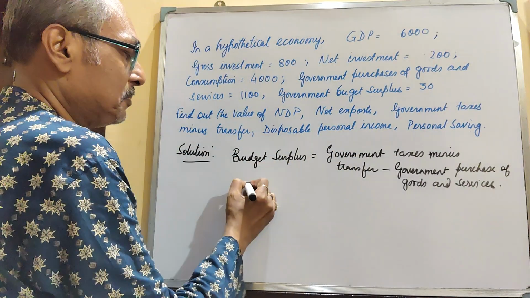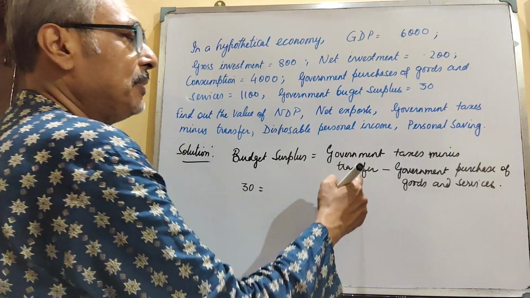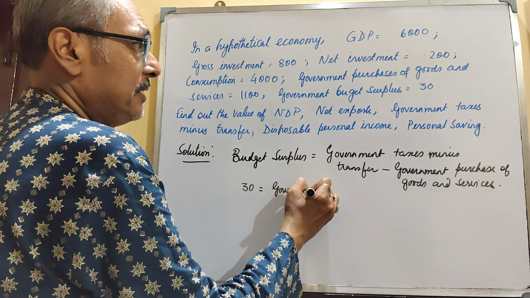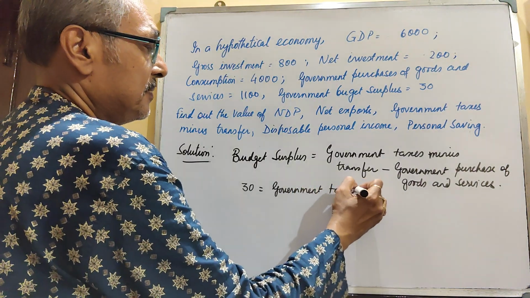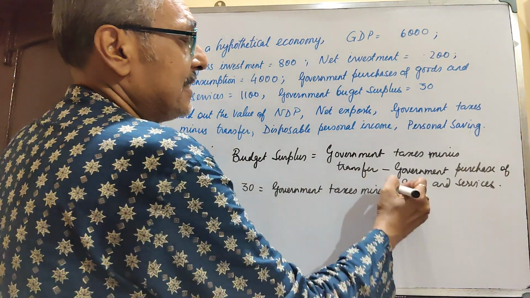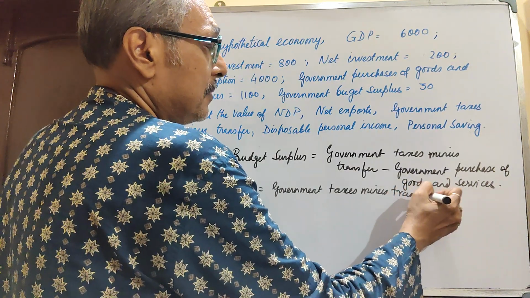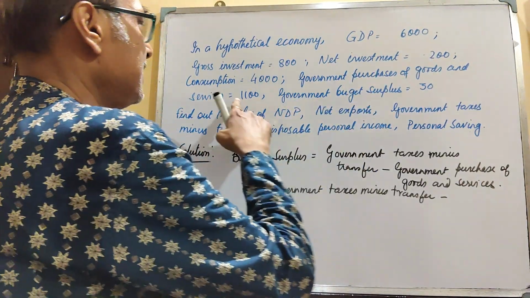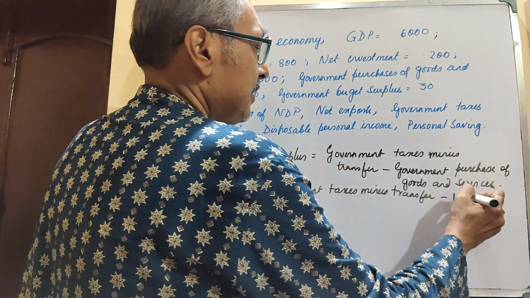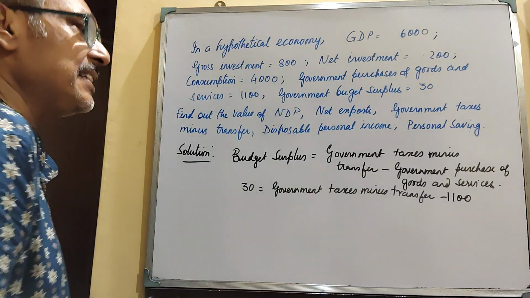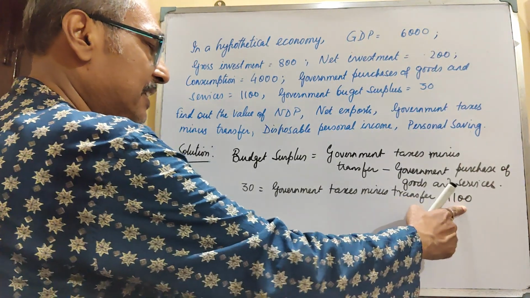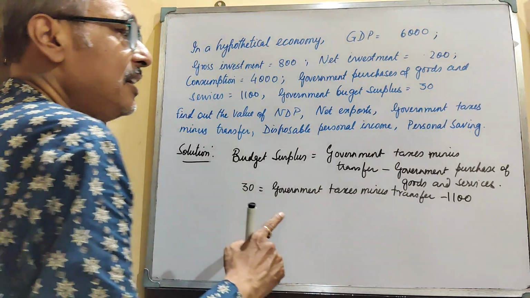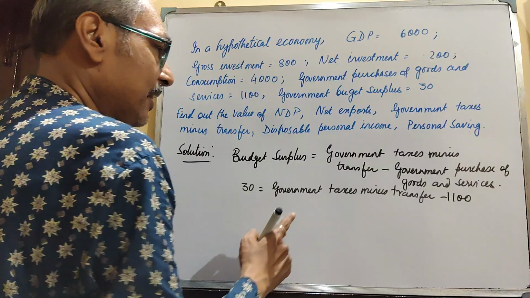What is budget surplus? Budget surplus is 30. Government taxes minus transfer minus government purchase of goods and services. This is 1100. Therefore, government taxes minus transfer is 1100 on the left-hand side, 1100 plus 30, that is 1130.